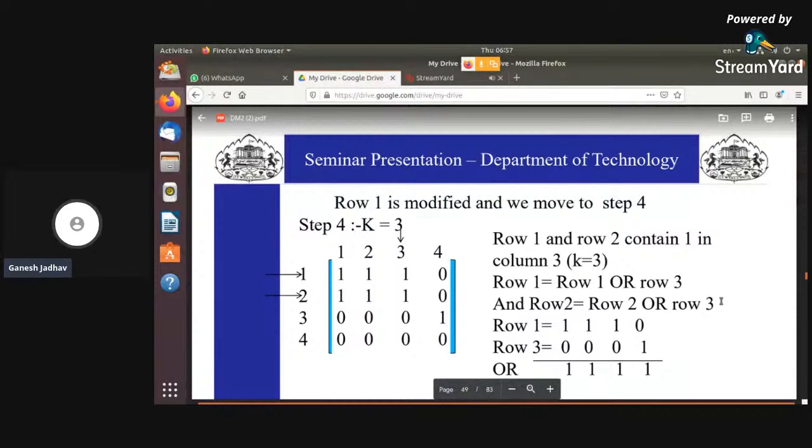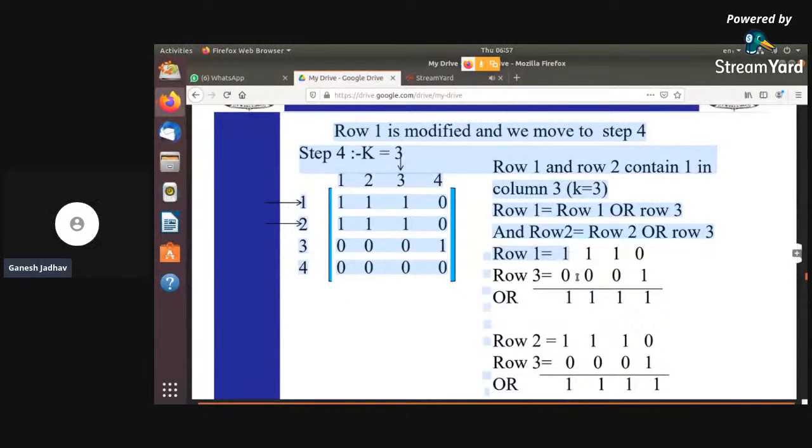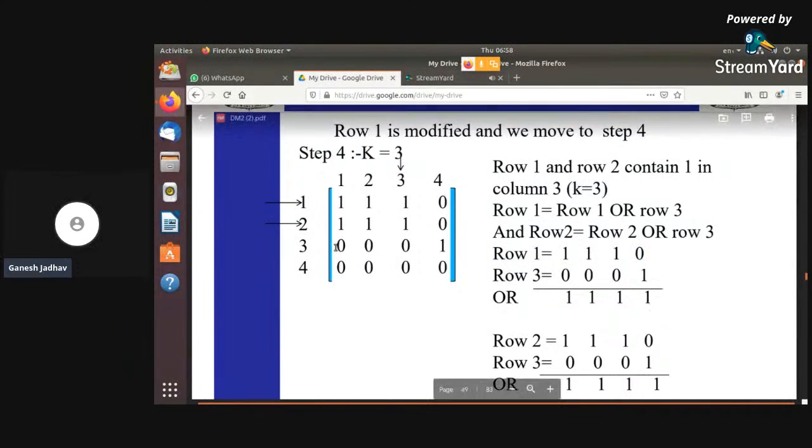So the first operation is the modification in the first row: ORing operation between row 1 and row 3. 1 or 0 is 1, 1 or 0 is 1, 1 or 0 is 1, and 0 or 1 is also 1. So this is the first modified row.